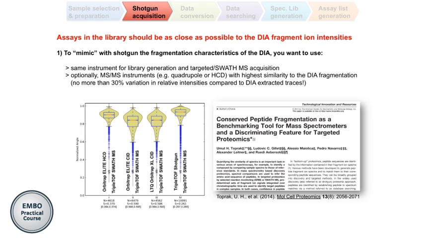So SWATH is the most reproducible intrinsically, and the second most reproducible is the Orbitrap in HCD. It's actually more reproducible than the TripleTOF itself. But still, even though the TripleTOF in itself is not so reproducible in shotgun, it's still the closest to what you get in SWATH.